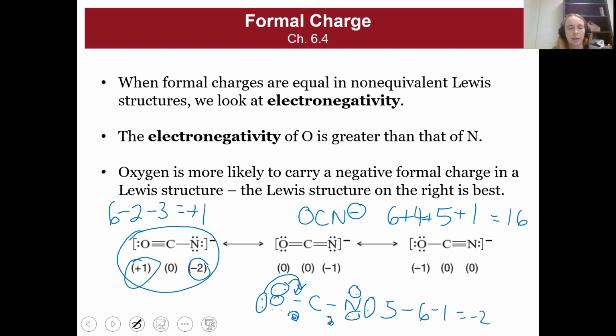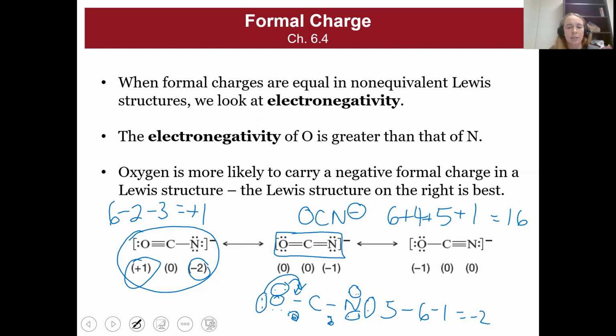If we take 1 lone pair from each, we can put them like this. There's a double bond and 2 lone pairs on each, on the oxygen and the nitrogen respectively. So double bonds and lone pairs are the same on both.